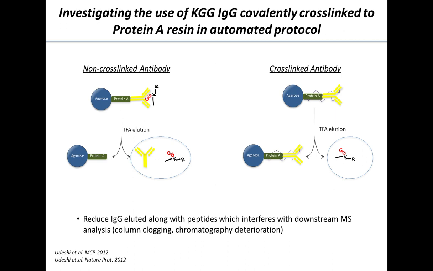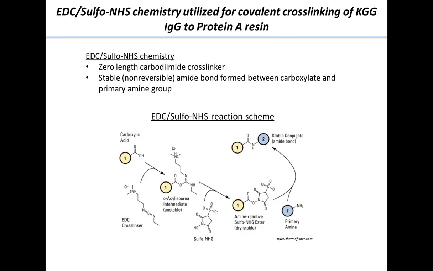In our group, we've observed the LC column clogging as well as deterioration of chromatography, which is really important when you're doing label-free quantitation, that the chromatography is consistent from run to run. Additionally, many groups in the field have published really highly sensitive protocols incorporating the use of cross-linked antibodies in their detection of KGG peptides.